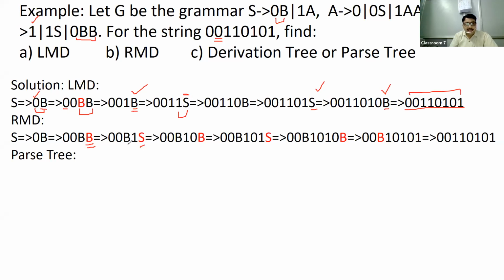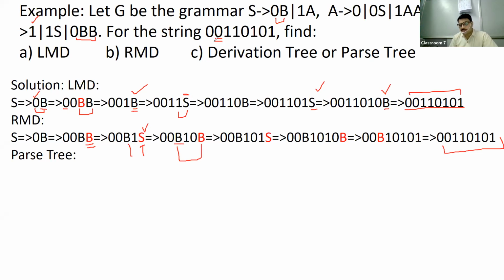Now there are two variables again, that is B and S. So the rightmost is S, so we have to expand this S. Again, you can find here two variables. So always in each step, we have to expand the rightmost variable. So finally, we will find the same string. So this is the rightmost derivation for the given grammar.